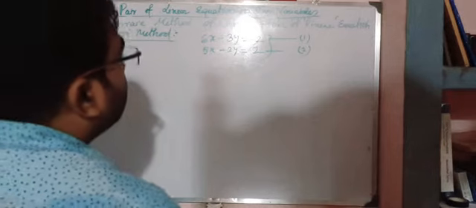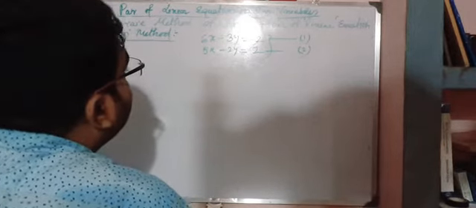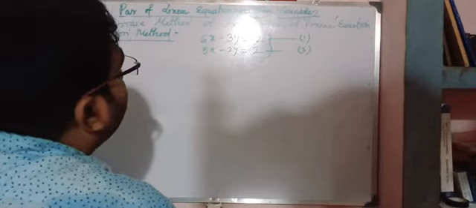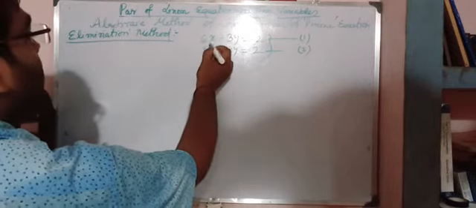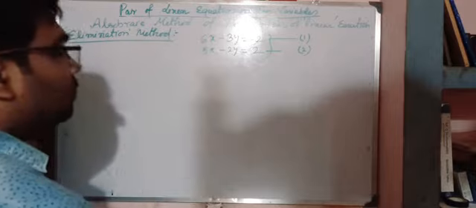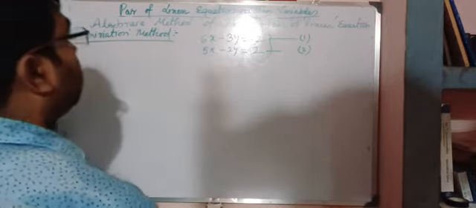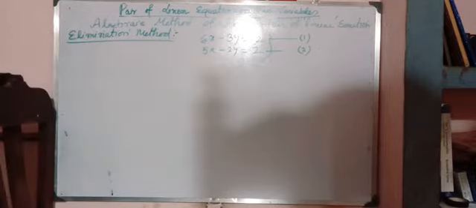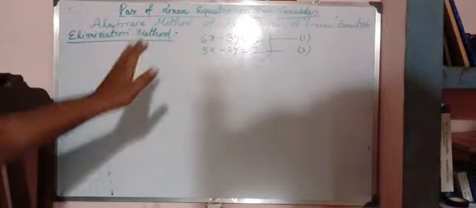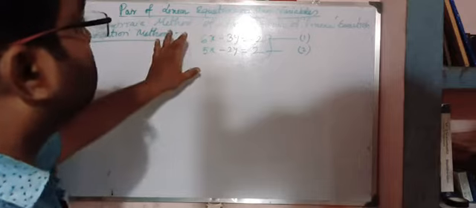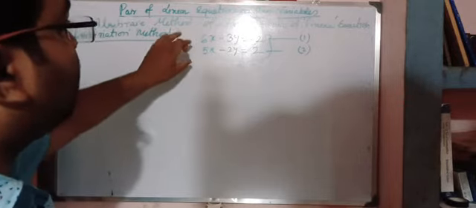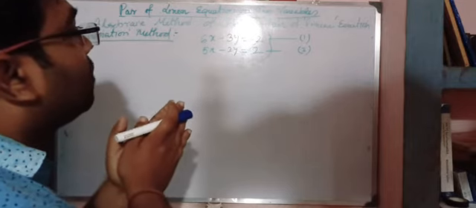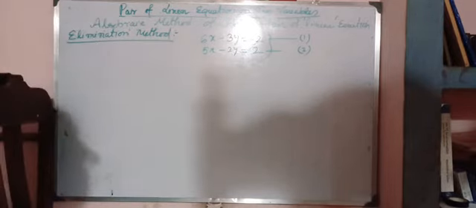If we have to eliminate x, we make the coefficients of x equal, and if we have to eliminate y, we make the coefficients of y equal. I will show you both cases so that you will understand better.